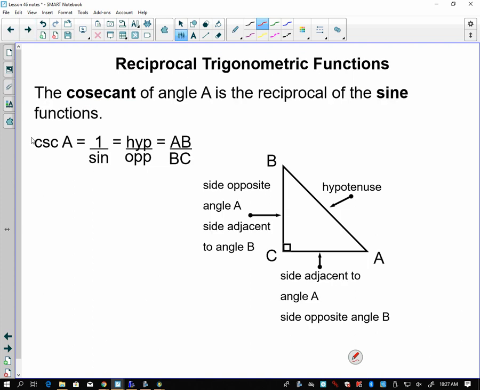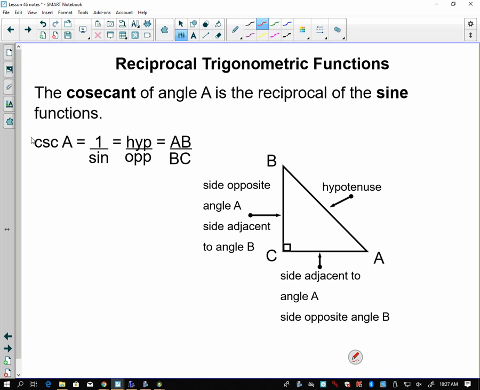Now here's the thing. Cosecant is the reciprocal to sine. So if it says find the cosecant of angle A, we're going to use sine and flip it. So the cosecant of angle A is hypotenuse over opposite. Cosecant and sine are reciprocals, so you'll have to remember that.